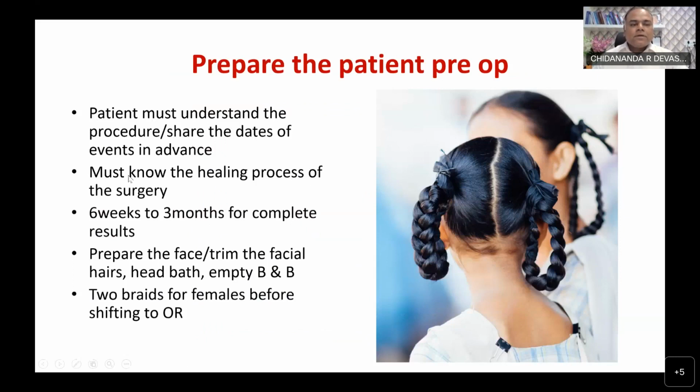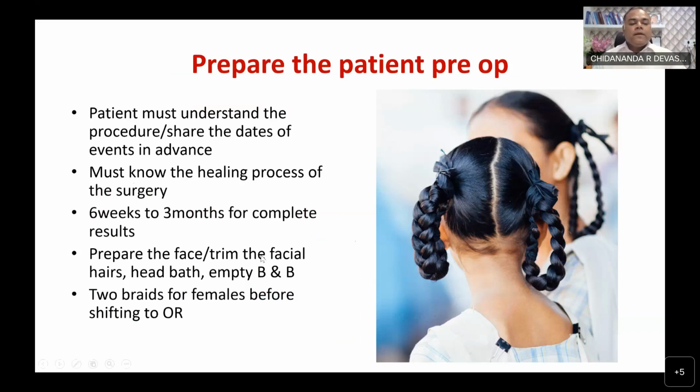And the patient must know the healing process of the surgery: at least 3 weeks to 6 weeks to 3 months, 6 months for complete results. You must tell the patient that the results will take time. Soon after splint removal, the patient may come and ask you. They may not be happy with the shape of the nose because of the swelling or edema.